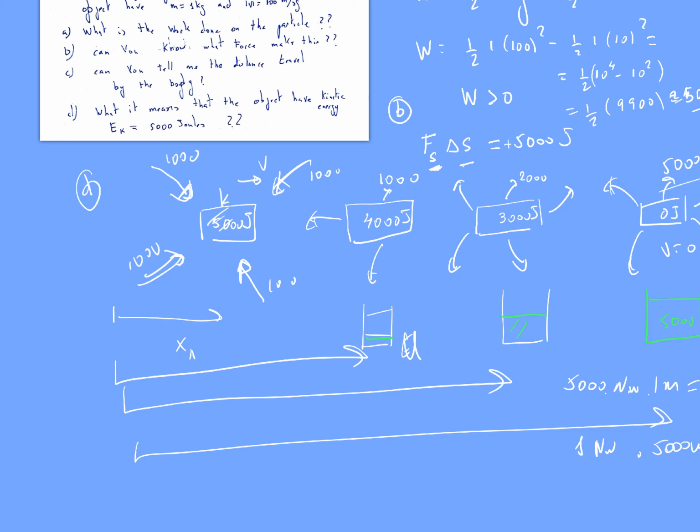Now the object has this kinetic energy and can do something. It can release the energy to the environment, to the gravitational field if it's in the presence of a gravitational field, or it can release the energy to a spring and compress the spring. It can do something with this energy.